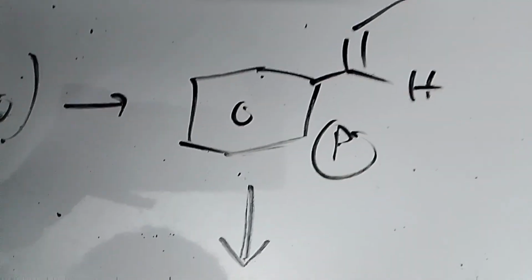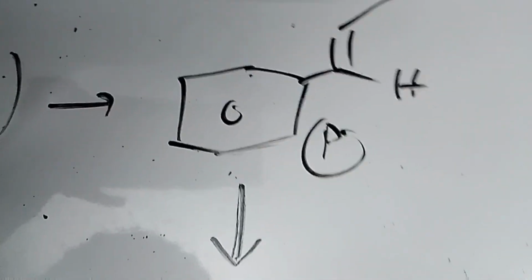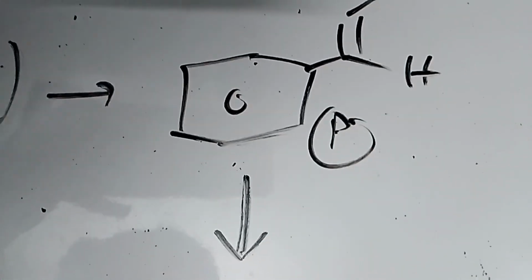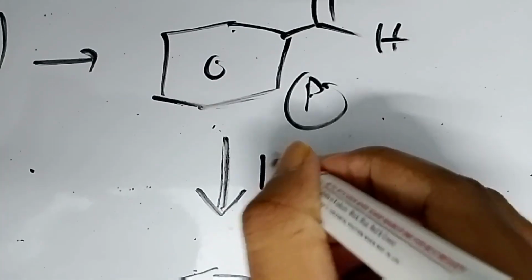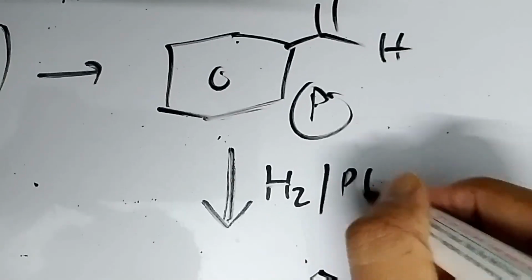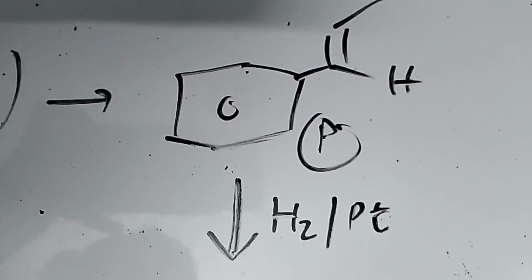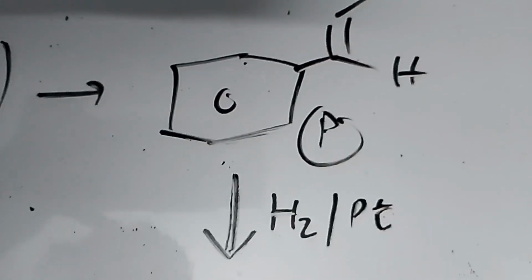Now to proceed with the second part, it says that P undergoes a series of reactions, the first step of which is reaction with H2 over platinum catalyst, and one equivalent is specifically mentioned, so we are only going to react this double bond.